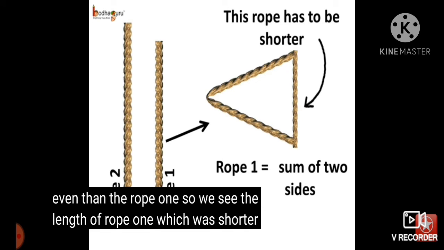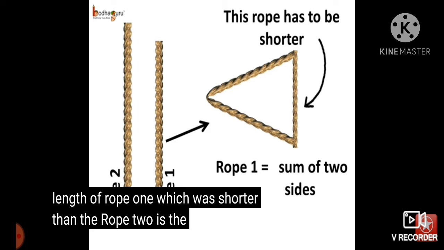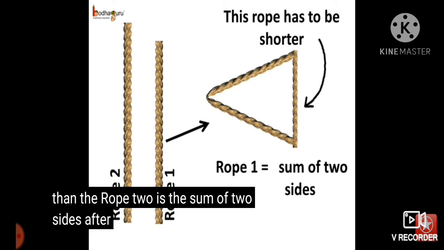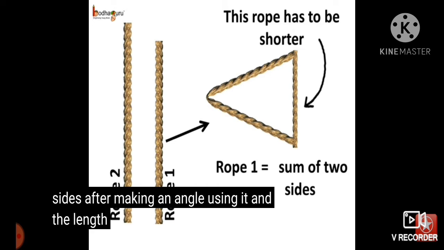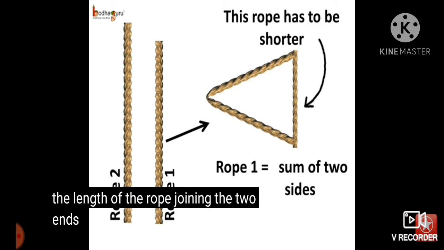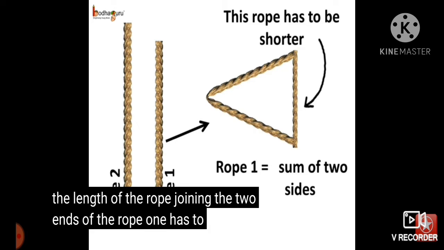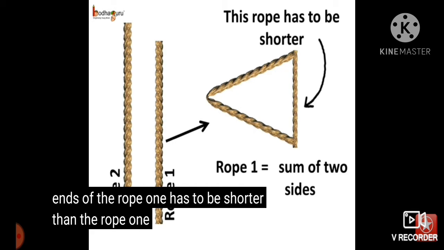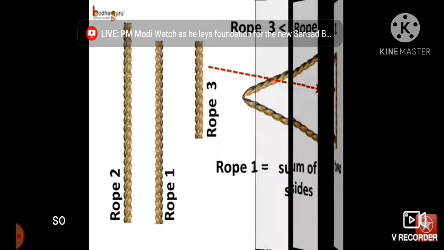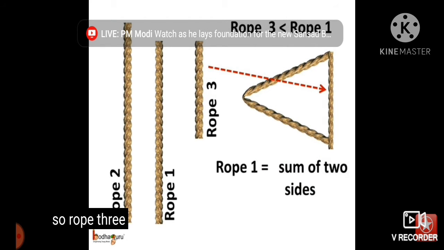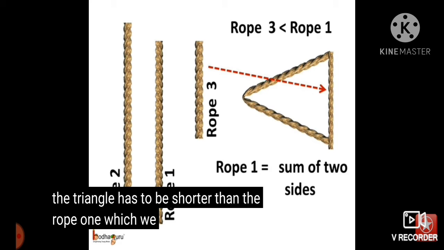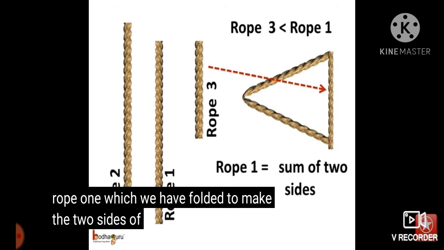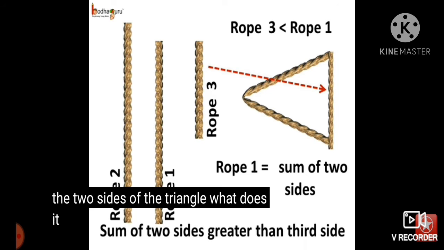So, we see the length of rope 1, which was shorter than rope 2, is the sum of two sides after making an angle using it, and the length of the rope joining the two ends of rope 1 has to be shorter than rope 1. So rope 3, the last side of the triangle, has to be shorter than rope 1, which we folded to make two sides of the triangle.